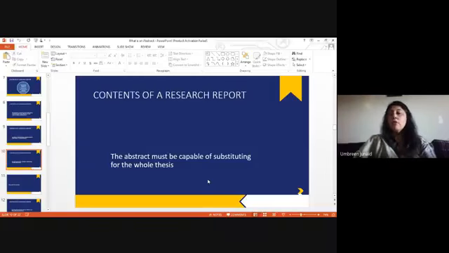Meaning, instead of reading the whole thesis, if the person just reads the abstract of your thesis, he or she may get exactly what is written in the thesis. So this statement shows the strength of the abstract, how strong an abstract must be.